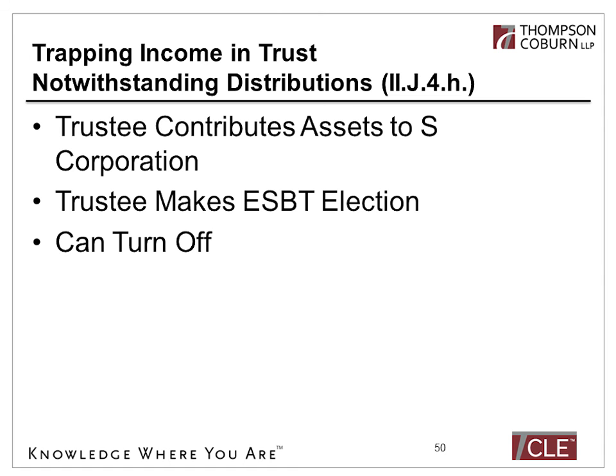So now we're going to flip the paradigm. The paradigm we were just talking about was where the beneficiary has lower rates than the trust does. Now let's flip it and suppose the trust has a lower rate than the beneficiary.